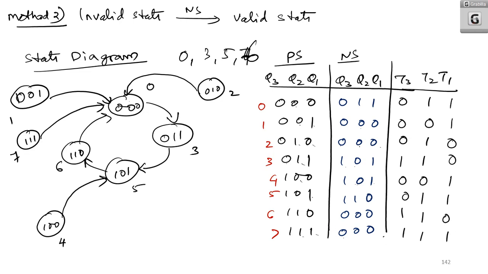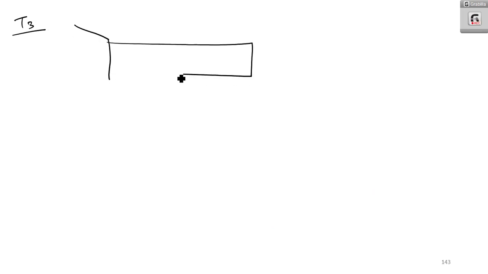Now you need to derive the expressions for T3, T2 and T1. Now let me derive the expressions. To find the expression for T3, I am having a 3-variable K-map. Here this is Q3, Q2, Q1, with 0, 0, 0, 1, 1, 1, 1, 0, 0, 1.